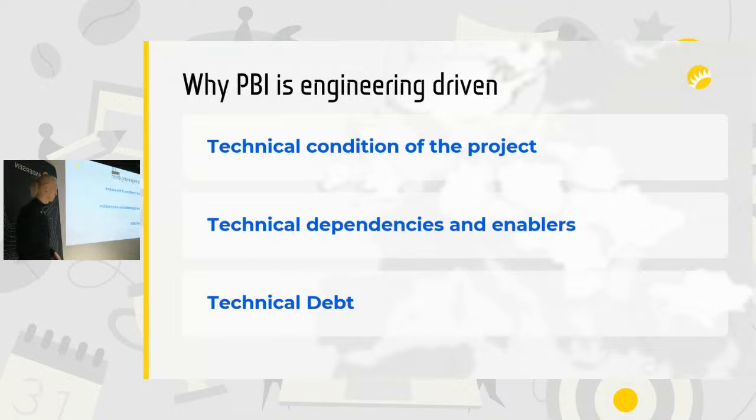And then everything is broken now, and suddenly there are too many technical things. That's why I believe this is an engineer-driven thing. They should be there and say what the scope of the project, what the scope of your story or product backlog item should be to achieve your goal according to the specification. And we, as a team, business analyst, architect, and engineer, should work together to create the product backlog item.